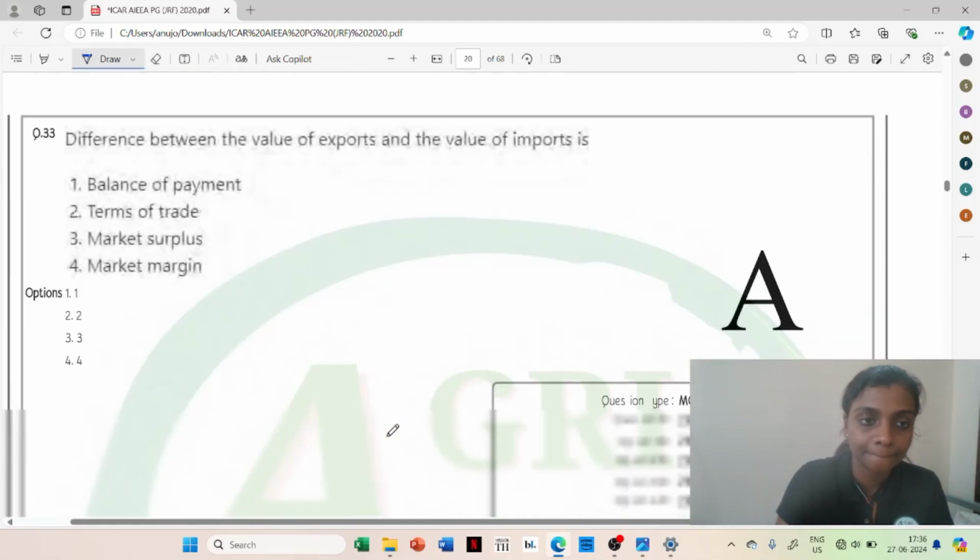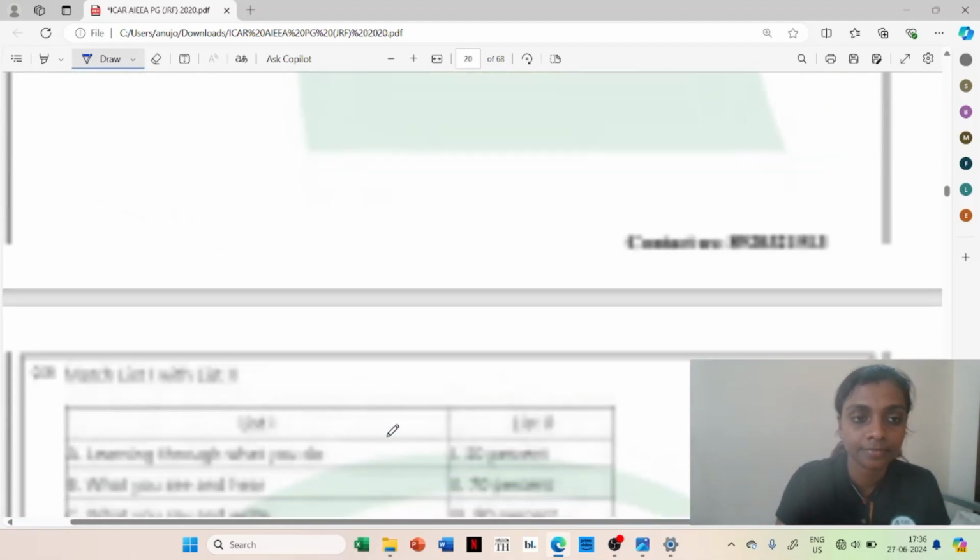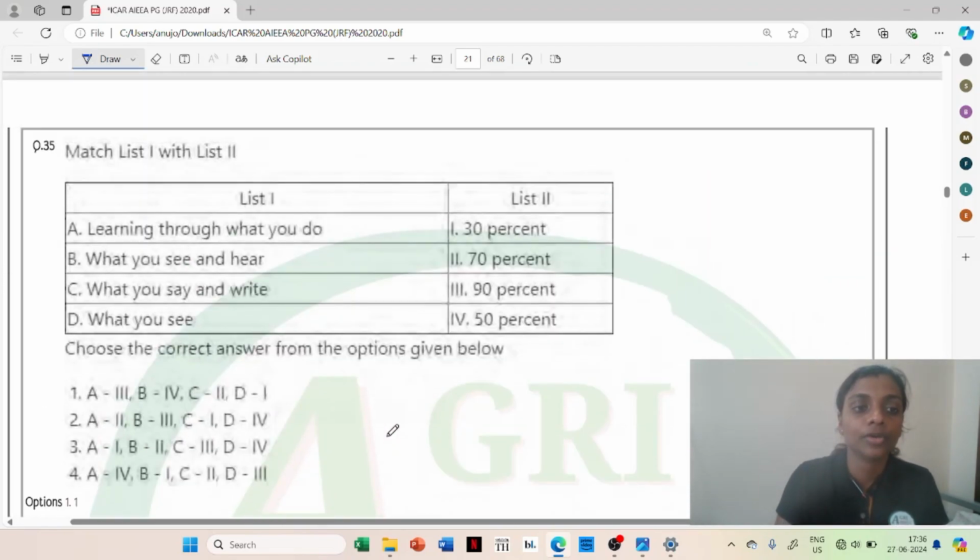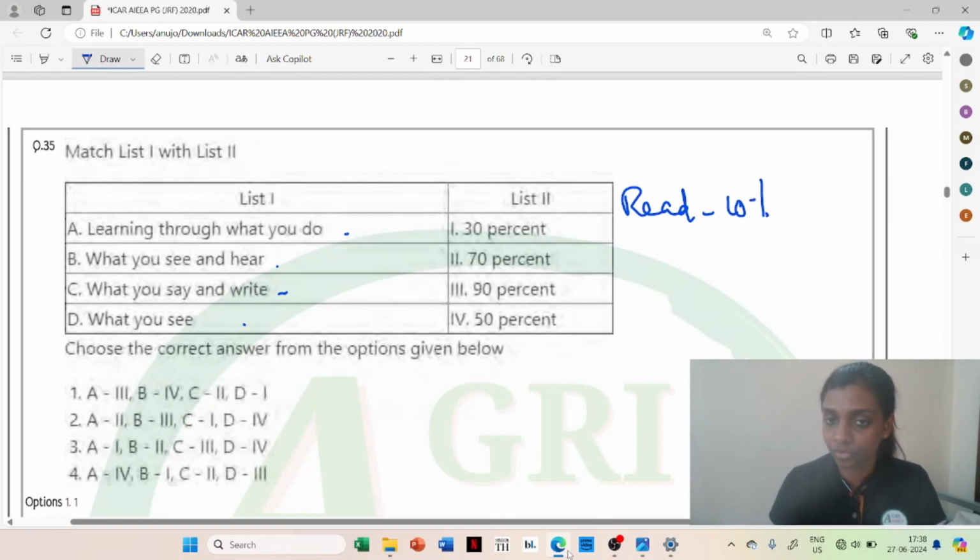Next question. These are economics questions. The next question is, match the following. They ask about learning through what you do, what you see and hear, what you say and write, and what you see. On the right-hand side, they have given the percentage at which the information is retained by the person. Before that, we have to remember that when you read something, you tend to remember 10% of it.